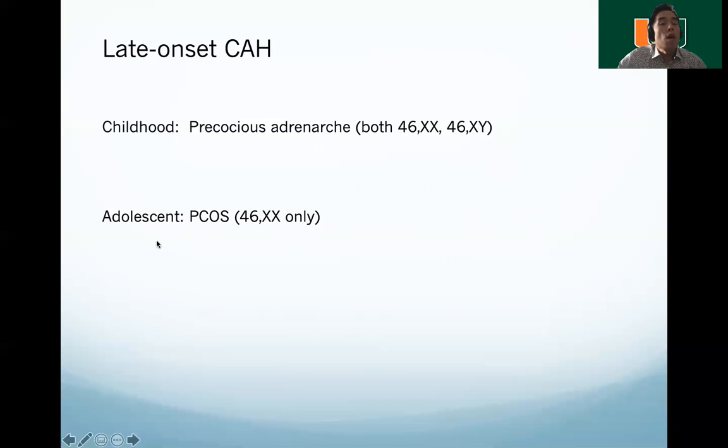In an even less severe form, you can present with a PCOS picture. It will happen only in 46XX. 46XY with a very mild form of CAH sometimes don't present with anything. So this is the reason why 21-hydroxylase deficiency can be misleading and not as simple as we thought.